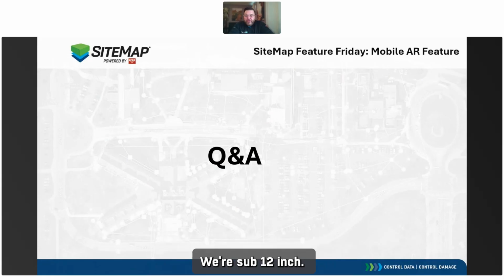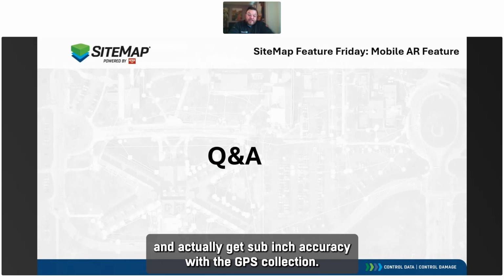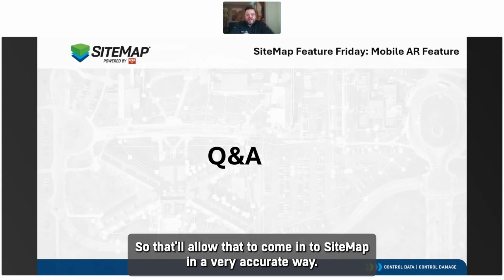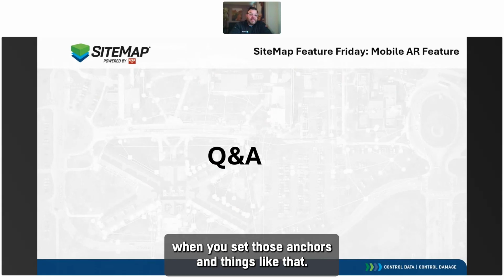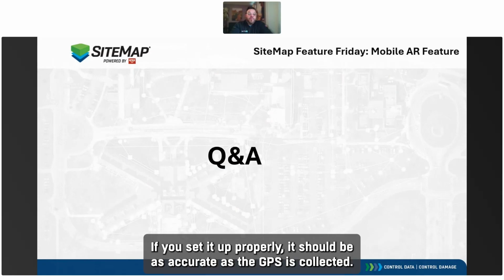We're sub 12 inch. We can connect with RTK and actually get sub-inch accuracy with the GPS collection. So that'll allow that to come into SiteMap in a very accurate way. And then when you visualize, it's only as accurate as how you click when you set those anchors and things like that. If you set it up properly, it should be as accurate as the GPS was collected.